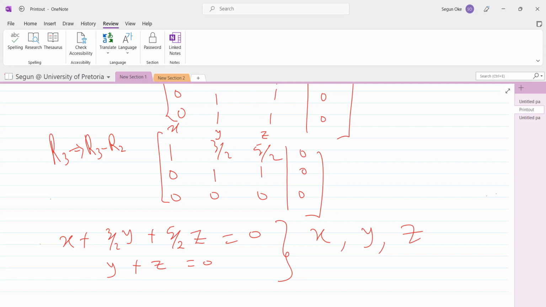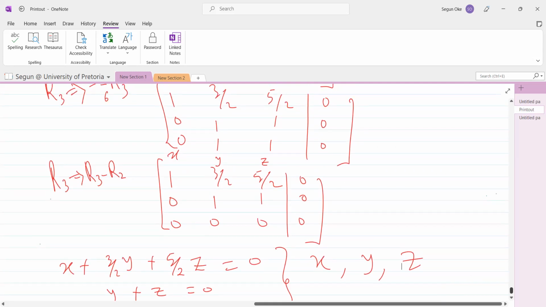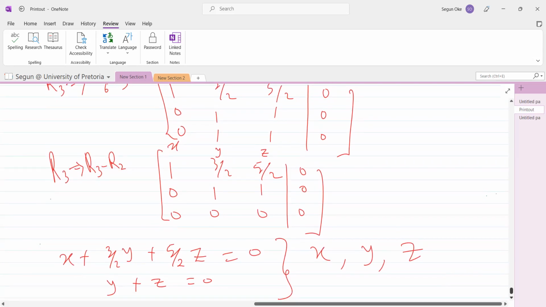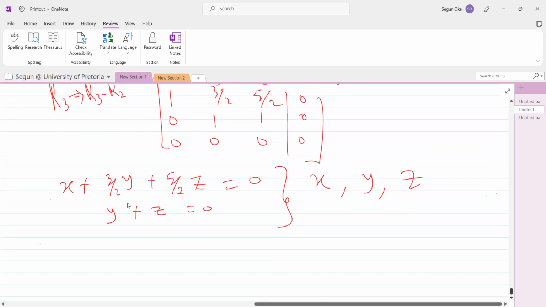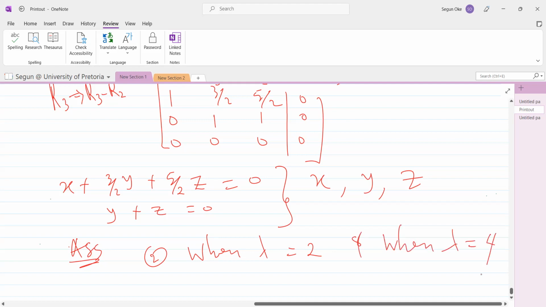Assignment 2 is to find your V1, when lambda equals 2 and when lambda equals 4.